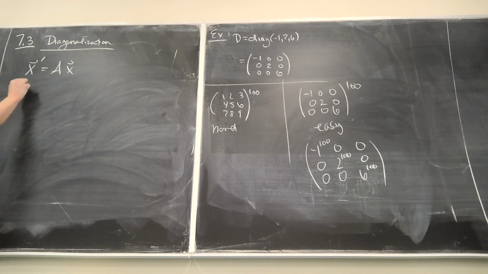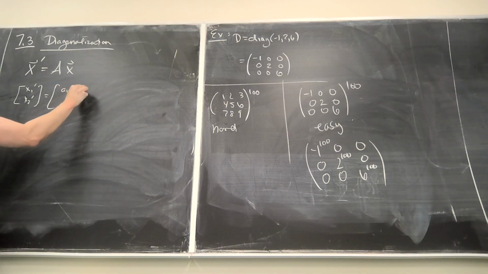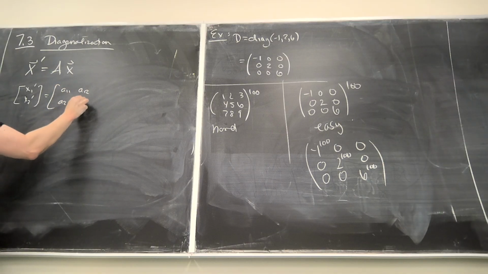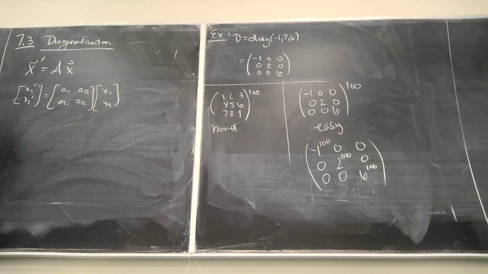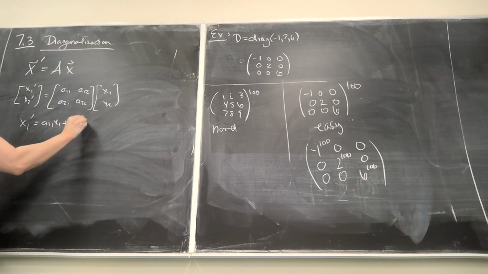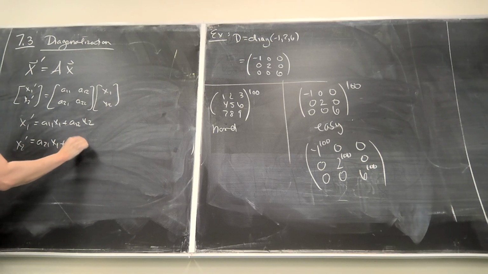And what I mean here is x1 prime, x2 prime is equal to a11, a12, a21, a22, x1, x2. If you multiply this out, you end up with a system of equations. X1 prime is a11 x1 plus a12 x2, and then x2 prime is a21 x1 plus a22 x2.